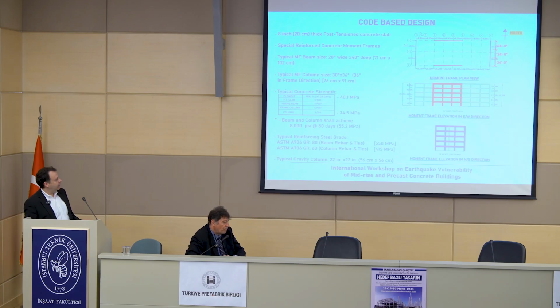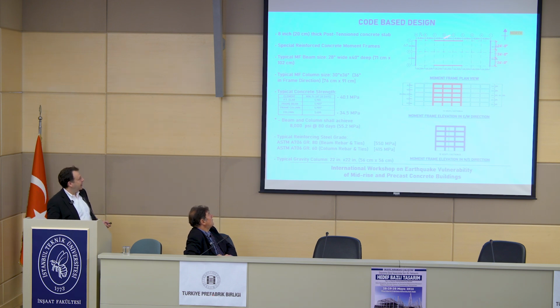Okay. So those are our moment resisting frame sizes by code, and this is a typical concrete strength. So for slabs, beams and columns of the moment frame, around 6,000 psi, so 40 megapascal, and then for the other columns and beams it would be 35 megapascal.